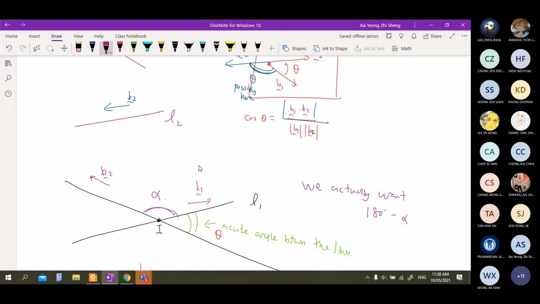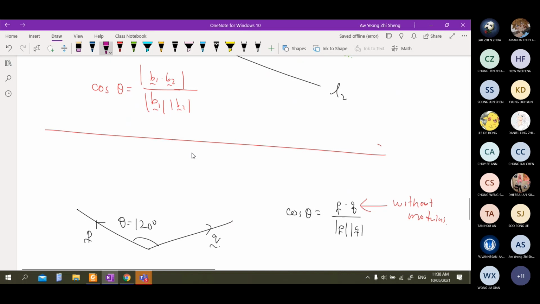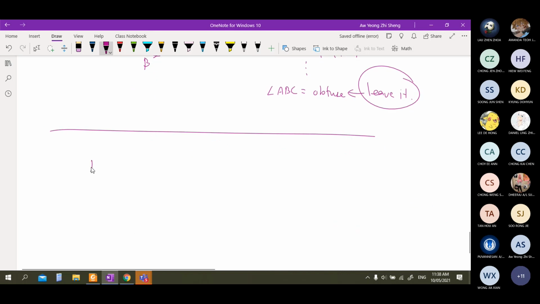So take note of the difference. The angle between two lines must be acute. And by the word line, what I mean is a 3D line, an infinite line.